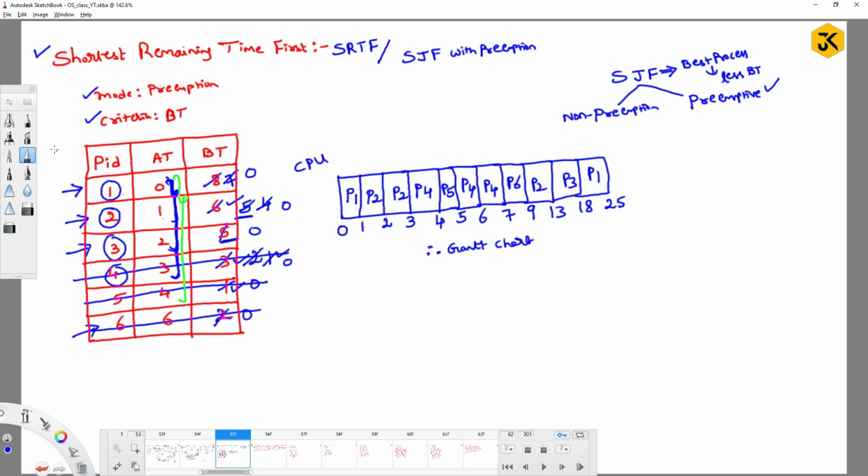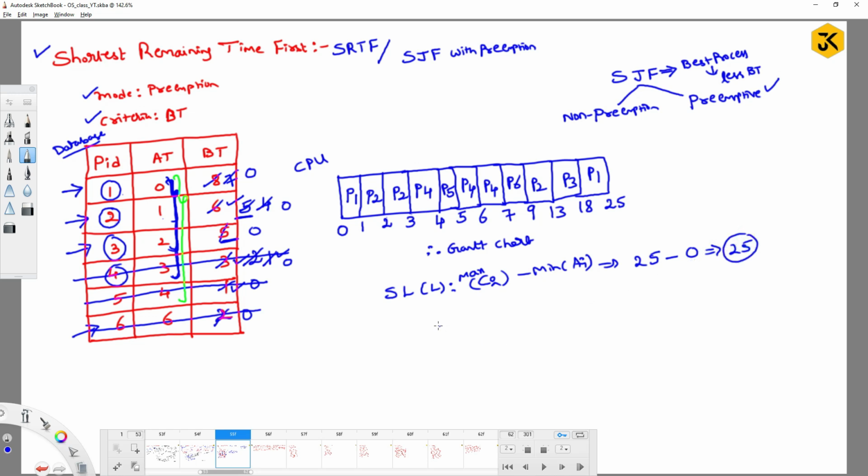Based on the Gantt chart, you can answer any kind of question. So for example, what is the schedule length of the processes? It is the maximum completion time of all processes minus the minimum arrival time of all processes. The maximum completion time of all processes is 25, the minimum arrival time is 0, so 25 is the schedule length.